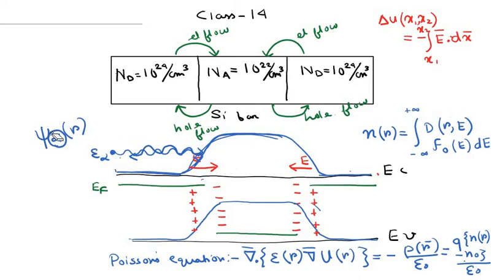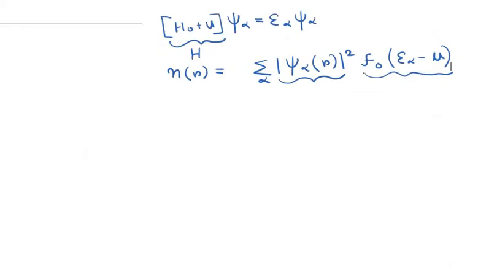Just to make it simple for you, let me go back to the next page. So this gives the availability of a state in space at any given point in space, and this term is the probability of occupancy of that state. So you have to multiply this availability of state, that is this part over here, by this part over here.